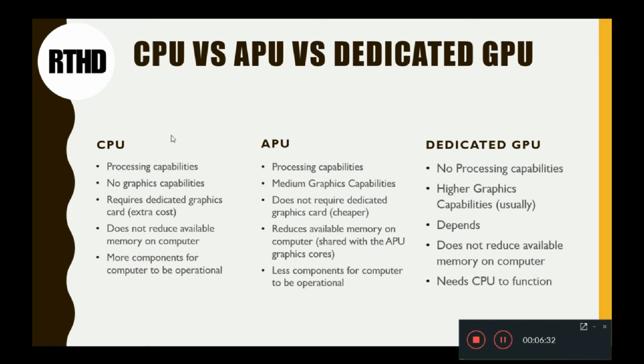However, an APU that has a GPU built into it requires available memory on the computer, and it usually uses what is currently on the computer, which is your random access memory, your RAM. So you tend to have a little less RAM, actually a lot less RAM, depending on how much you dedicate towards the GPU part of the APU.